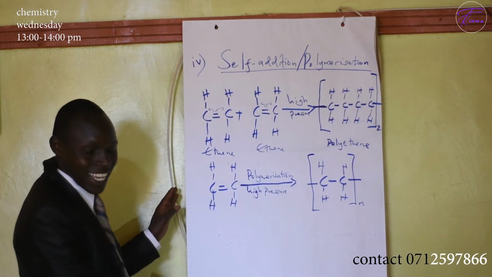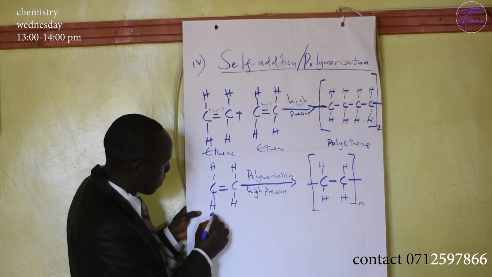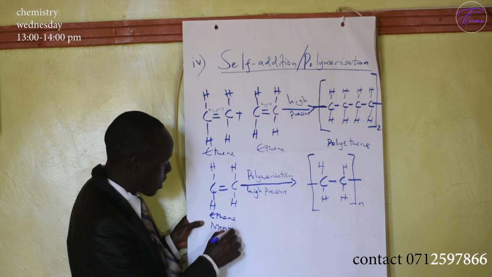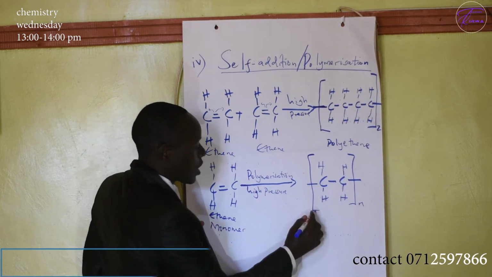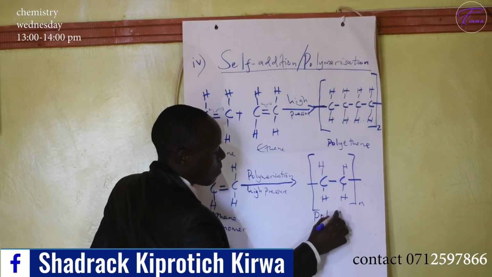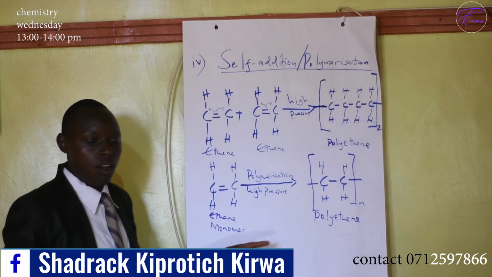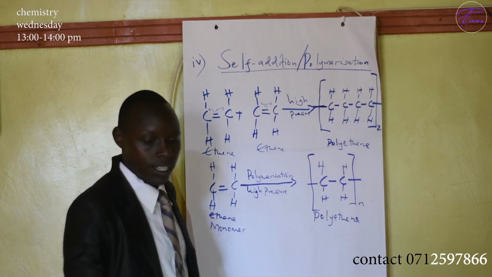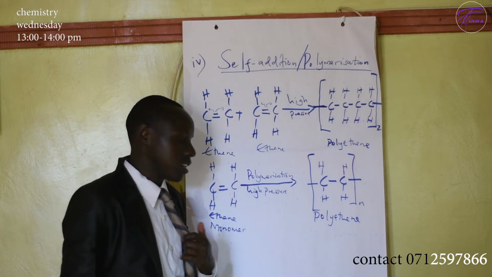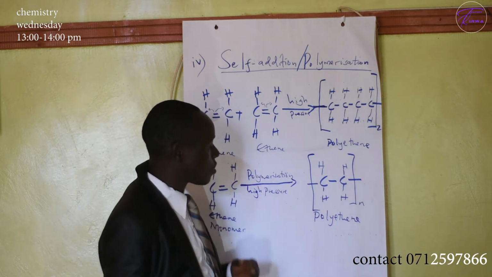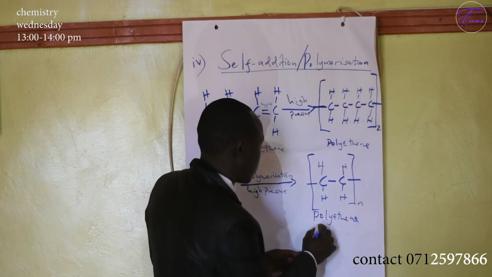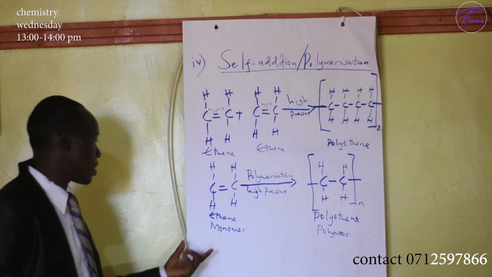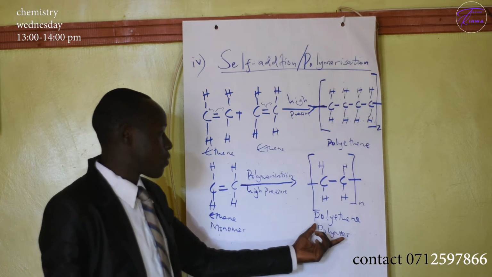This one is ethene. The ethene is referred to as a monomer. This one is now what we are calling polyethene. Some people call it polythene, if you like, you can omit the E and say polythene. The one that was banned the other day by NEMA, that it pollutes the environment. So this polyethene is now called the polymer. So this is a monomer, another monomer, and then it forms a polymer.